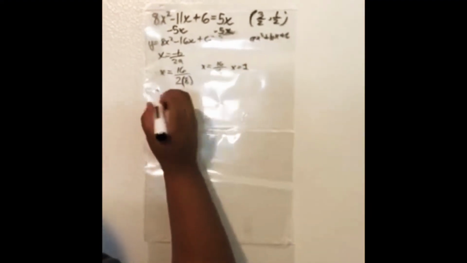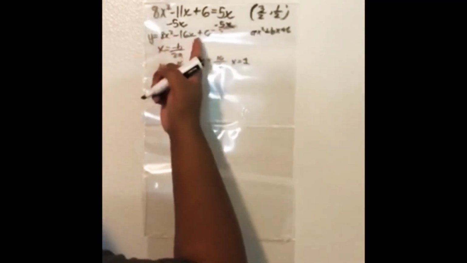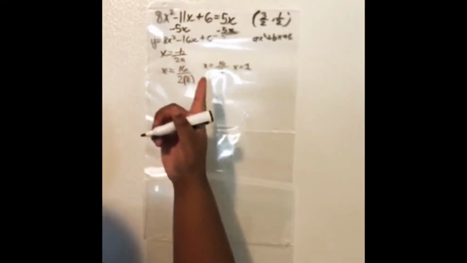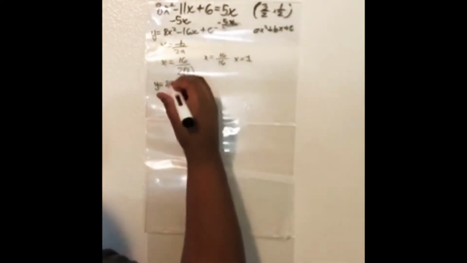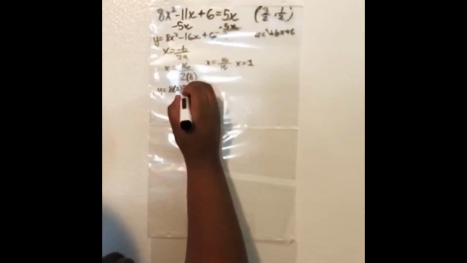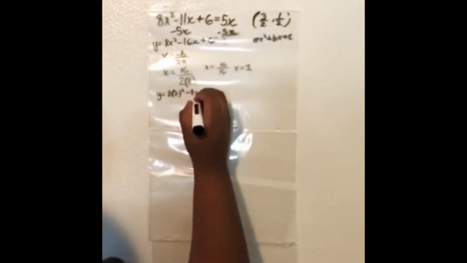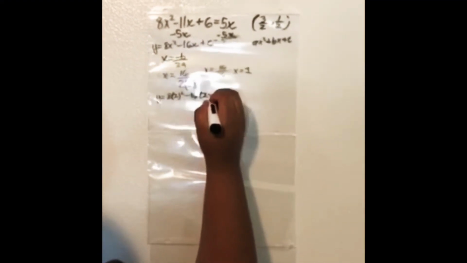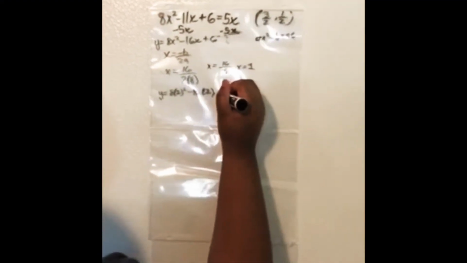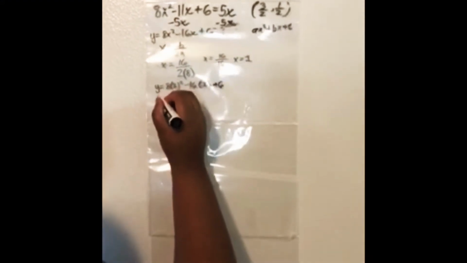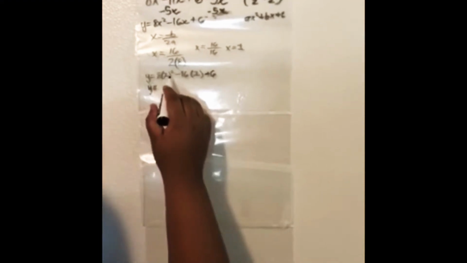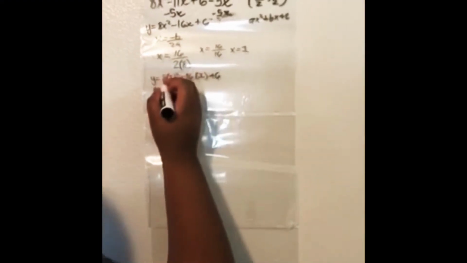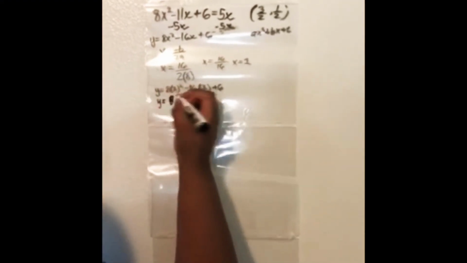Then we plug the value of x back into the original equation, or the equation in standard form. So this would be y equals 8 times 1 squared minus 16 times 1 plus 6. Simplify: 8 times 1 squared, which is just 1, so this is just 8.